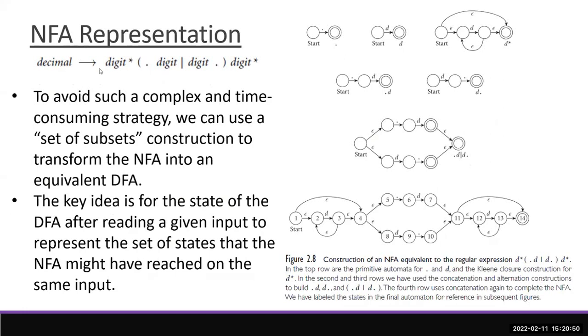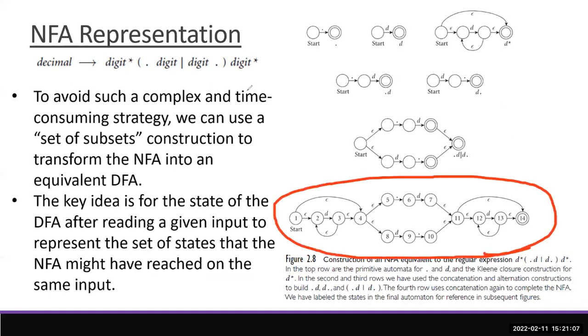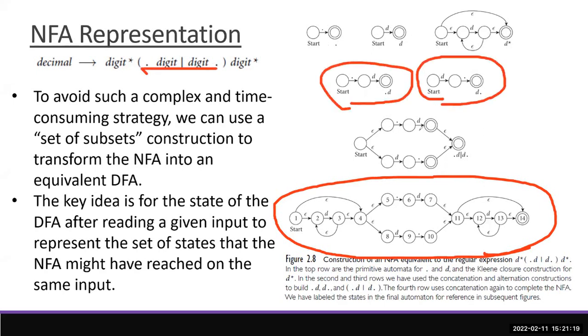So you have the decimal production rule, digit star, and then dot digit and digit dot, and then decimal star. After we convert this whole thing, it will go to such a design. Here, a dot goes to the next state, and D goes to the next state. So dot D and D dot, these two things are here. When you combine dot D and D dot, it generates this portion.